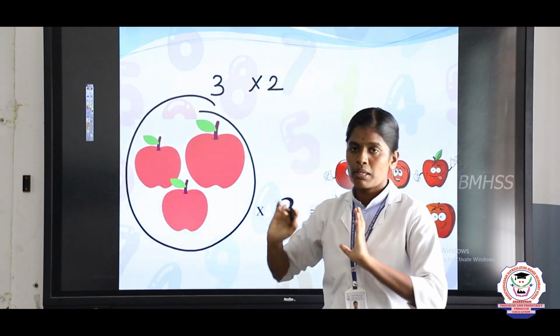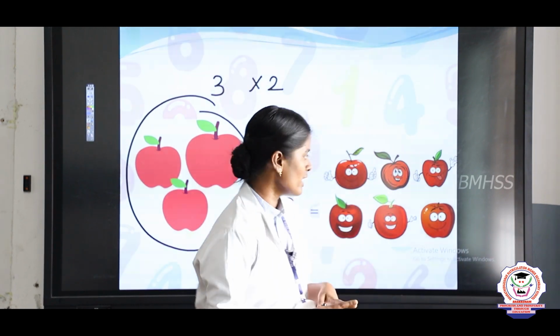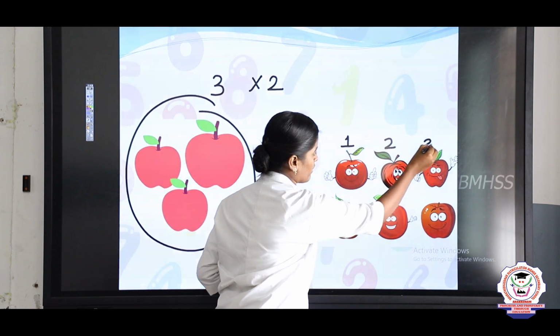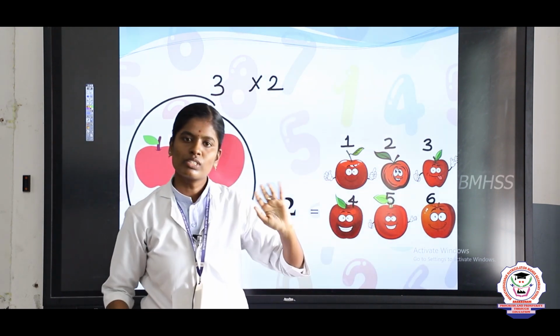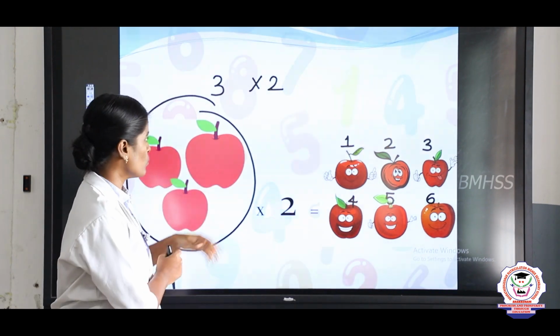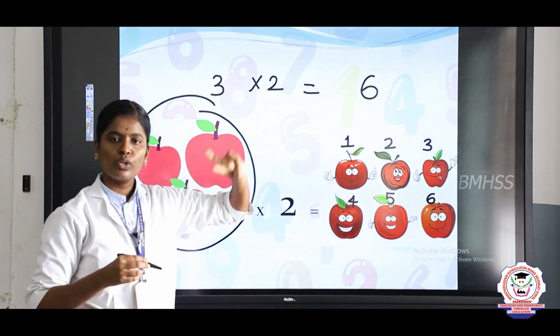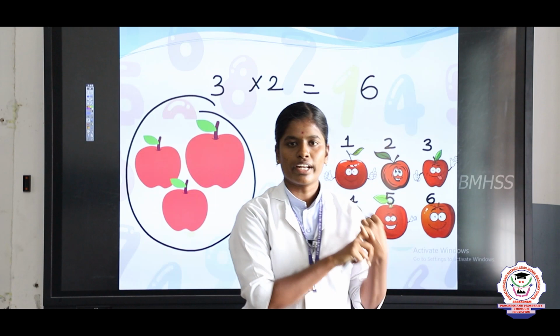So, 3 multiplied by 2 means 3 times 2 or 2 times 3. The answer is 1, 2, 3, 4, 5, 6. So, 3 2s are 6. Here 3 is called the multiplicand, 2 is called the multiplier, and the final answer 6 is called the product.